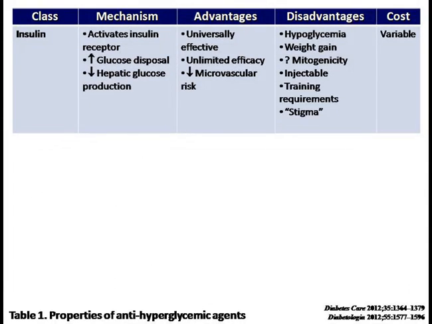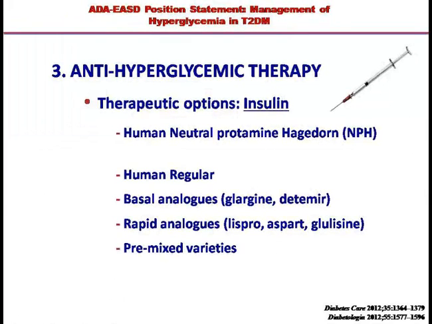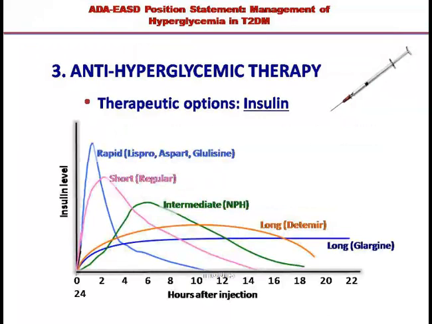And the other thing is also the increased incidence of coronary artery disease. You know the data are coming if you treat a patient with insulin therapy. The cost is variable. And what are the therapeutic options as far as insulin is concerned? You know all these insulins which are available. Here you have two types of insulin available.